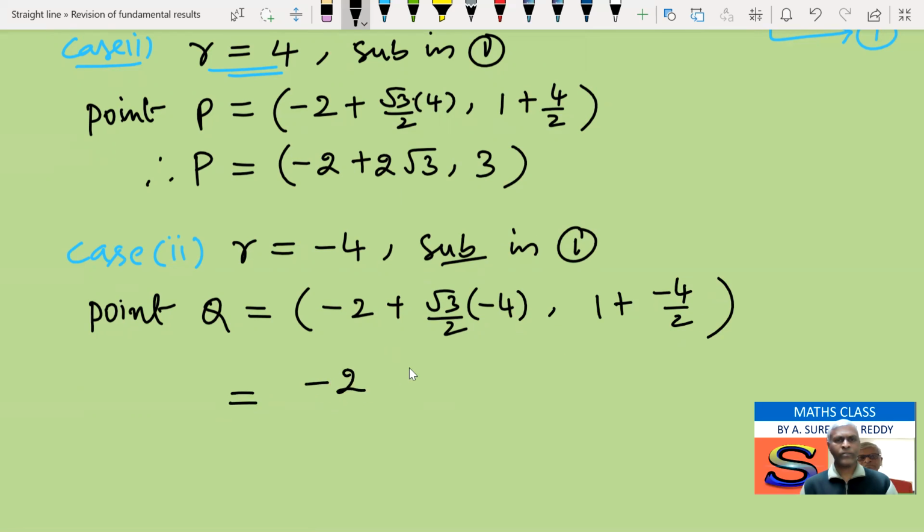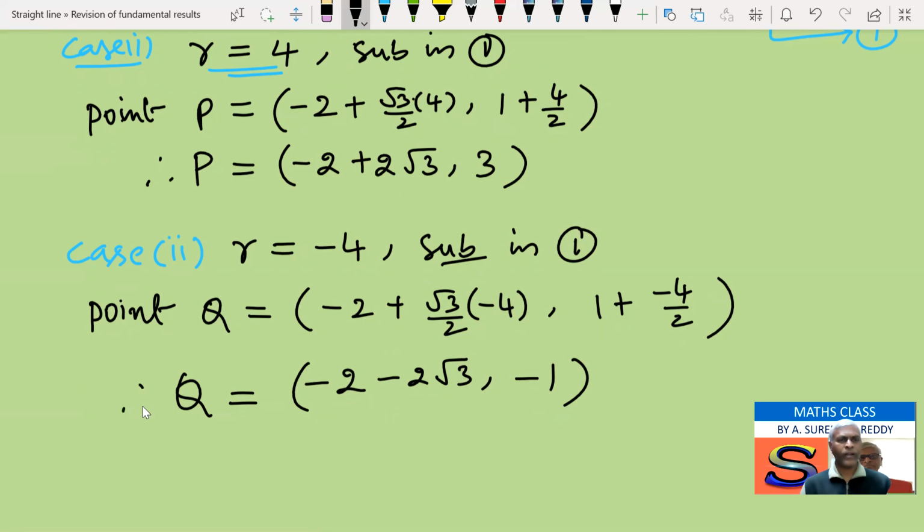So minus 2 minus 2 root 3, 1 minus 2 is minus 1. So this is another point.